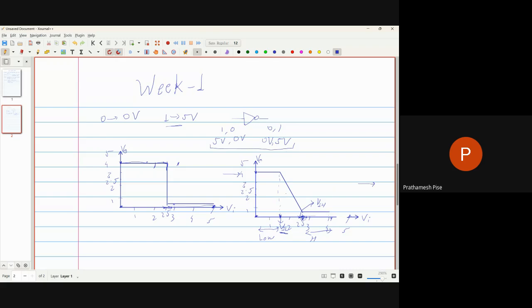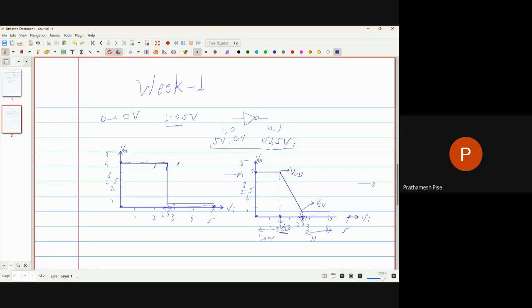Same thing is here in the output. This y coordinate, which is Vout of this point, can be termed as VOH, voltage at output that is considered high. Sorry, this should be 5 here. That is, 5 volts will be considered as logic high.